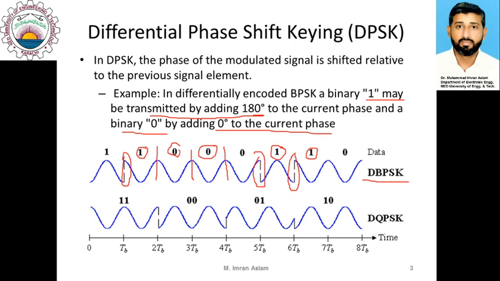Instead of absolutely measuring the phase, it only needs to detect how much the phase changes at the bit duration, and if there is no phase change, in that case the receiver will decide it as 0. And if the receiver finds that the phase changes at that bit duration, the receiver will decide it as binary 1.